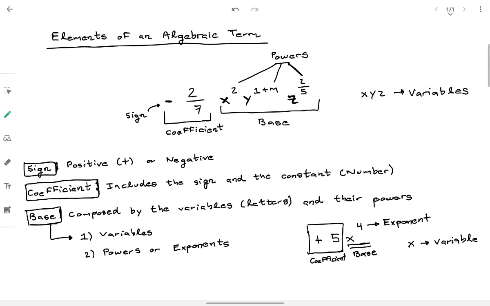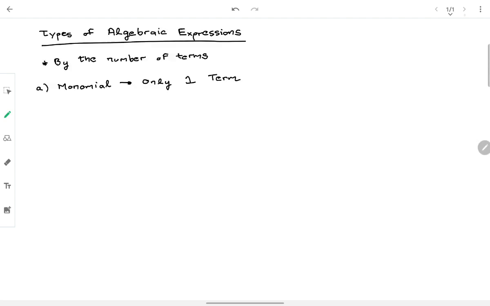It's very important for you to know that every algebraic term has these elements: sign, coefficient, and base. So please put it in your notebook because it will be very helpful for you to know the elements of an algebraic term.